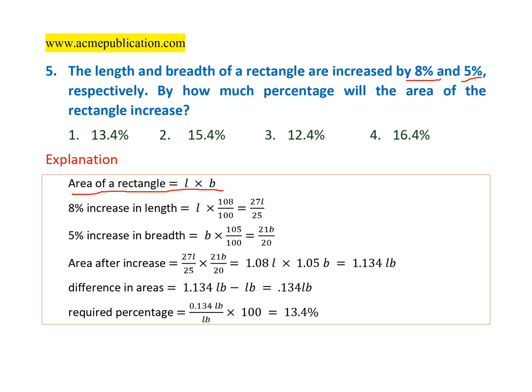Now increasing the length by 8% and the breadth by 5%, we find that the new area is 1.134 length into breadth. Now we will find the difference in the area, and that is 0.134. So there is an increase in the area, and that is 13.4%.